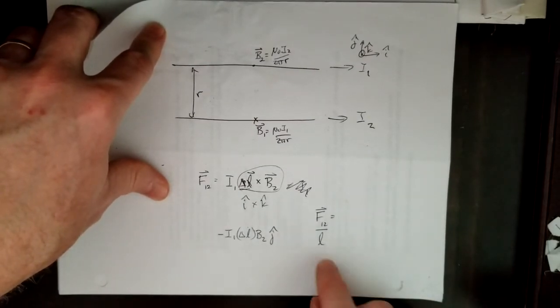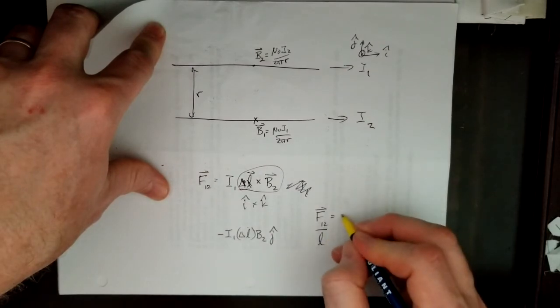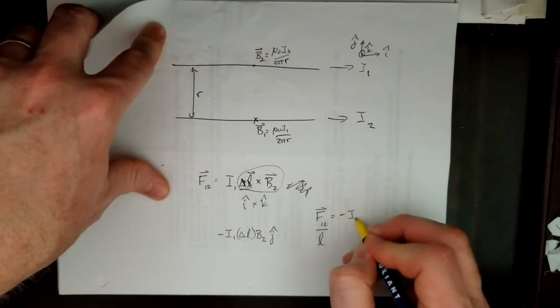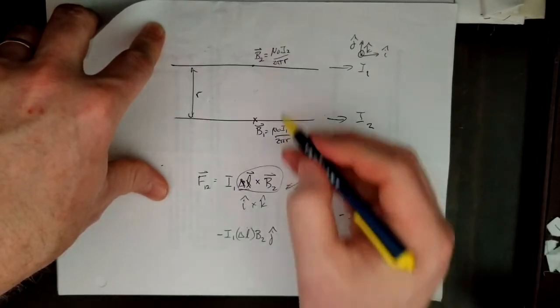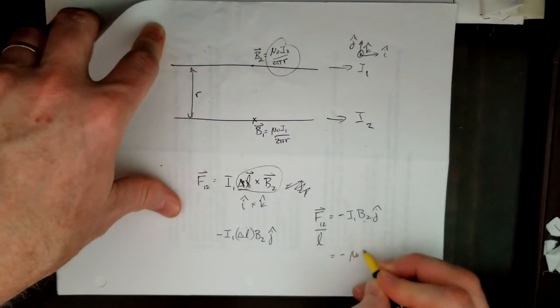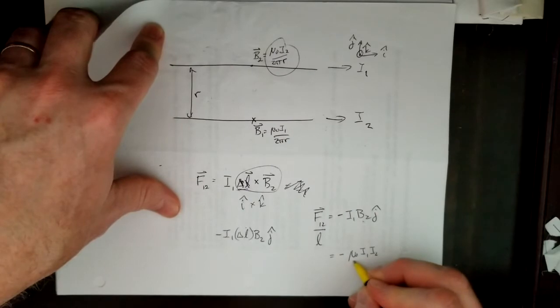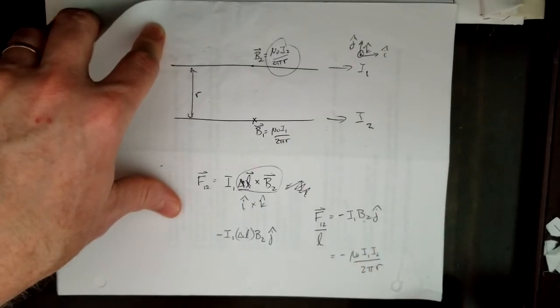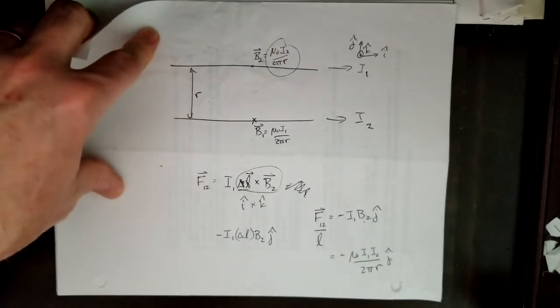Traditionally, it's written as L there. So the force per unit length on 1 is going to be equal to negative I1 B2 J hat. B2 is equal to that. So this becomes negative mu naught I1 I2 over 2 pi R J hat. And again, this negative J hat is just a directional thing.